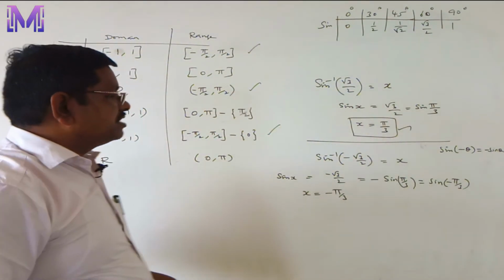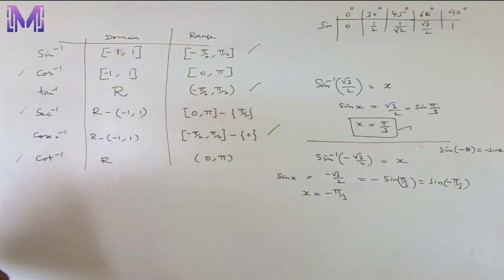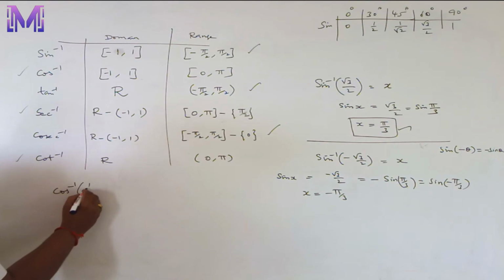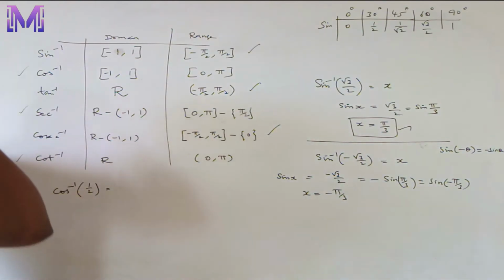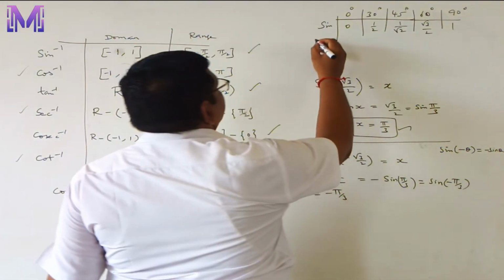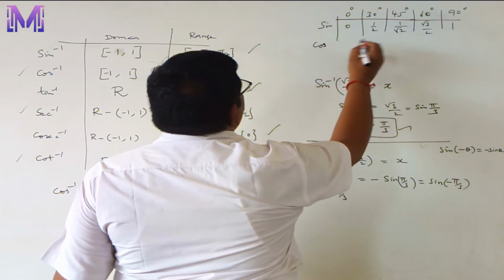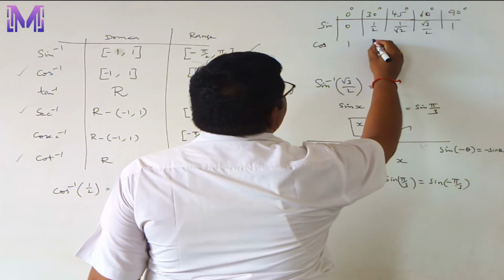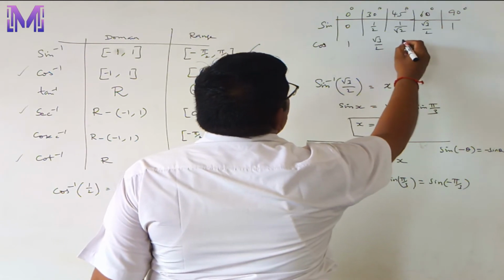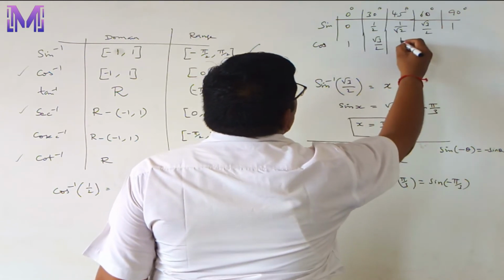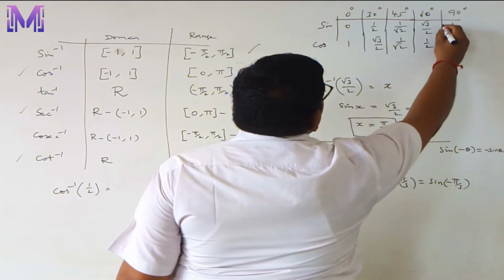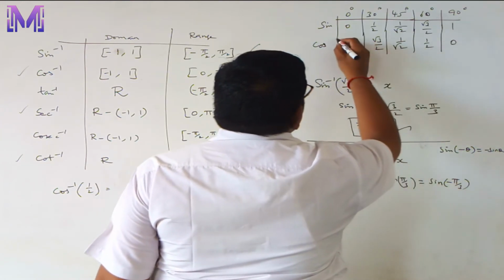Suppose the same question is given for cos inverse, for example, cos inverse of 1 by 2. Let us learn all the cos values. Cos 0 is 1, cos 30 is root 3 by 2, cos 45 is 1 by root 2, cos 60 is 1 by 2, and cos 90 is 0.